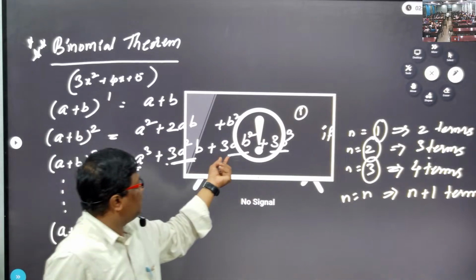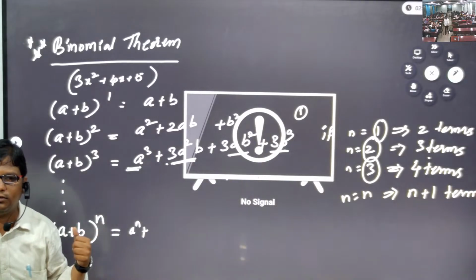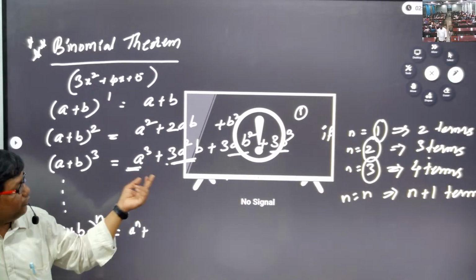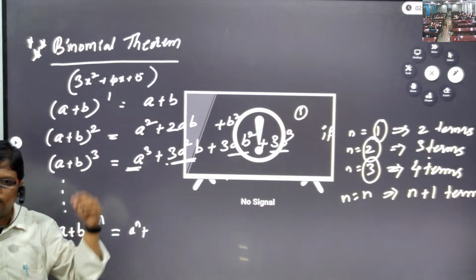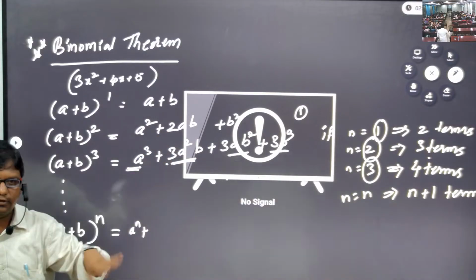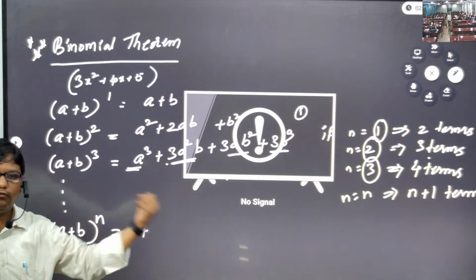Next, a^2 b^1: the sum of the powers is also 3. Next the third term, a^1 b^2: the value is 3. Similarly for b^3 and a^0, 3. Same case if you go for the nth value.